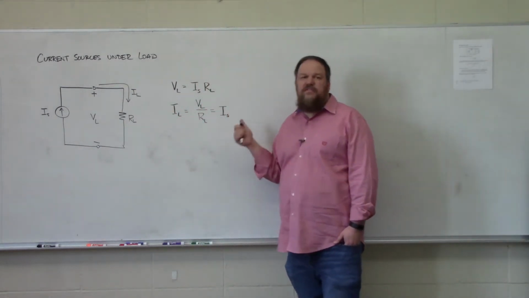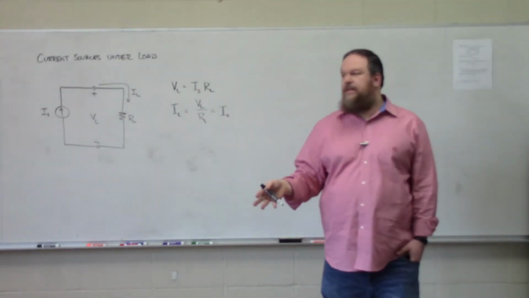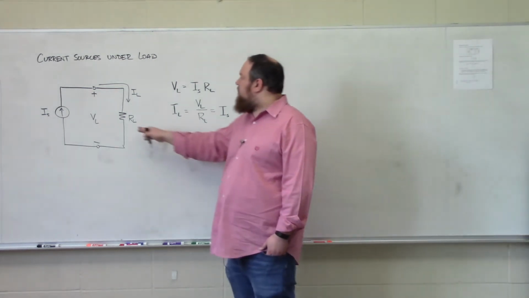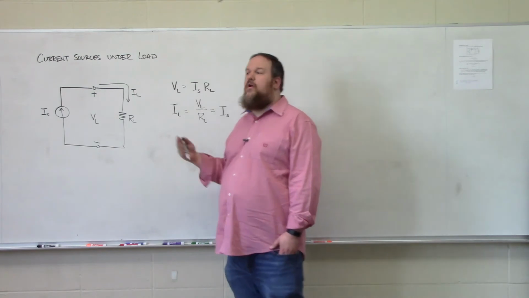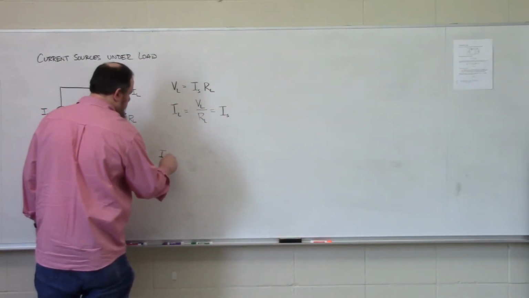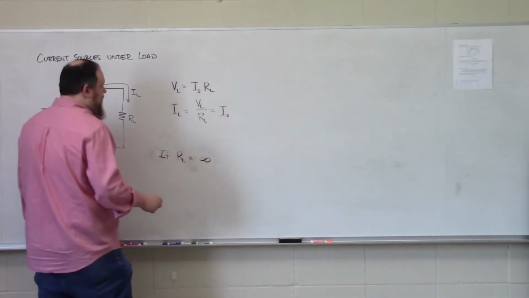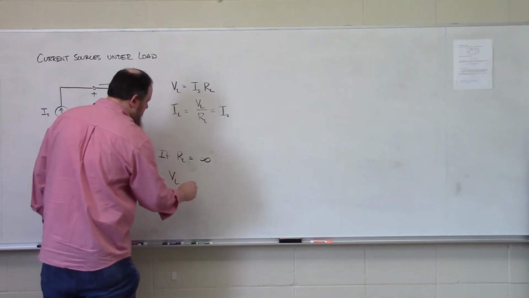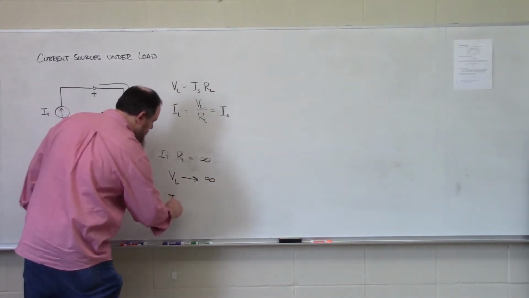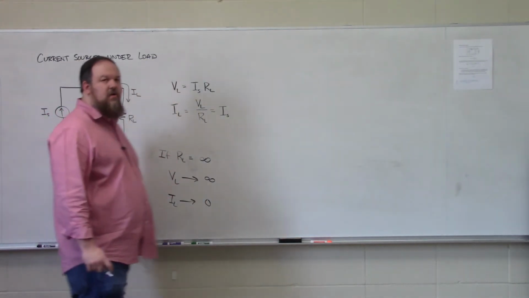Now there's a particular value of resistor RL that makes this also behave extremely awkwardly. When RL is equal to infinity, so when we replace this RL with an open circuit, we see that VL goes to infinity, which means IL must be going to 0.